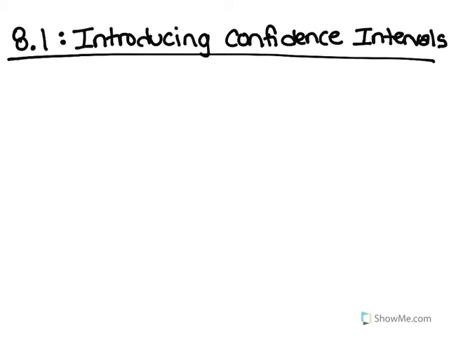The reason for that is because in real life situations, you're going to have some data sets that are extremely large, and it's going to be almost impossible for you to get a population mean.